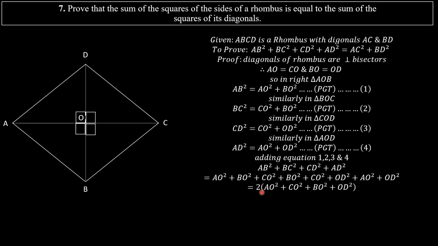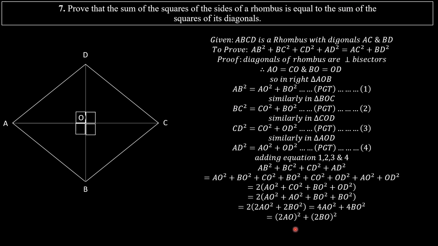Taking 2 outside the bracket, within the bracket we are left with AO square plus CO square plus BO square plus OD square. Again, CO can be replaced by AO, and OD can be replaced by BO, which gives twice of 2 AO square plus 2 BO square, that is 4 AO square plus 4 BO square.